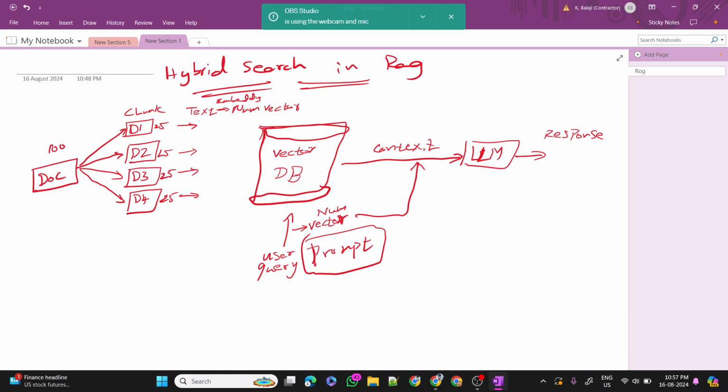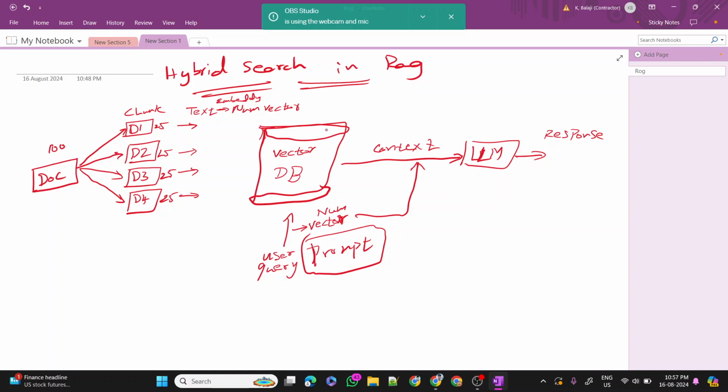The LLM will read the context and the prompt, structure the context corresponding to the prompt, and we get the response.